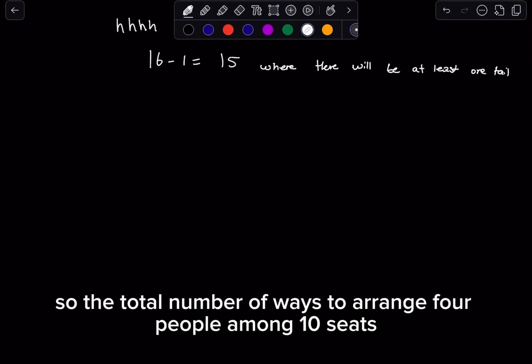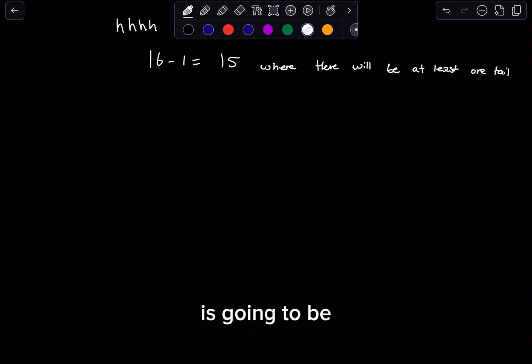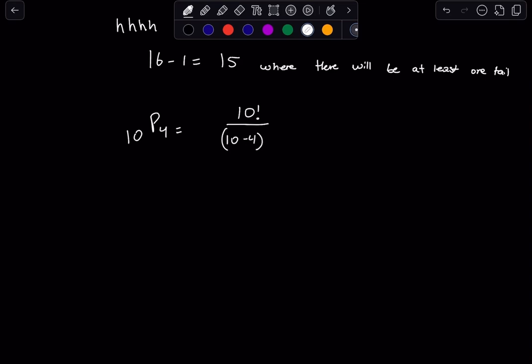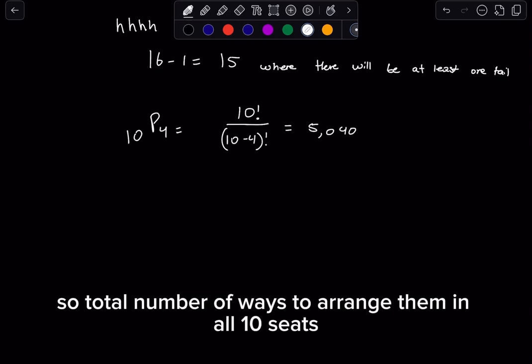So the total number of ways to arrange 4 people among 10 seats is going to be 5,040. So that is the total number of ways to arrange them in all 10 seats.